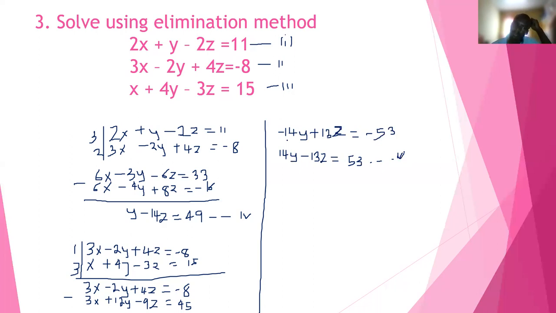So now let's work with the fourth equation and the fifth equation. The fourth one we had y minus 14z is equal to 49. Then we have also 14y minus 13z is equal to 53.